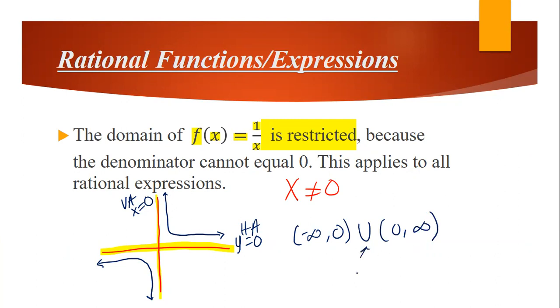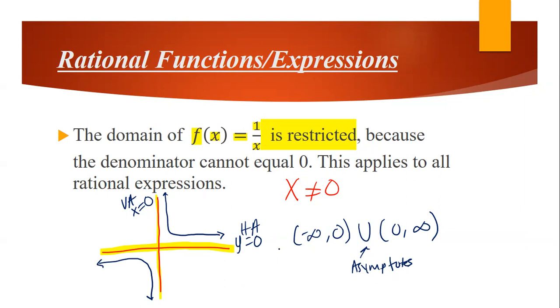And that union lets us know that there are asymptotes. There's an asymptote on my graph. All of this is in our notes for our parent function.